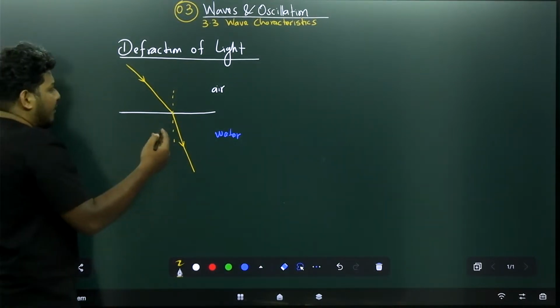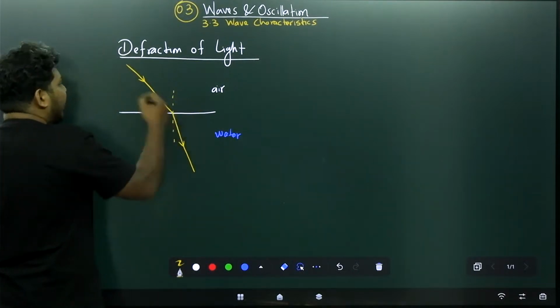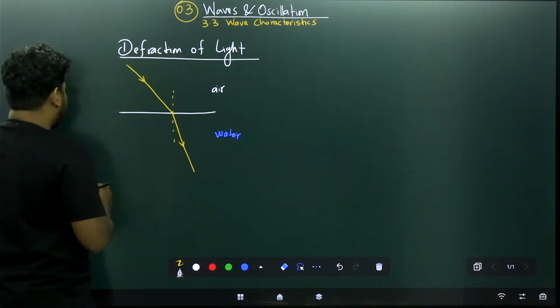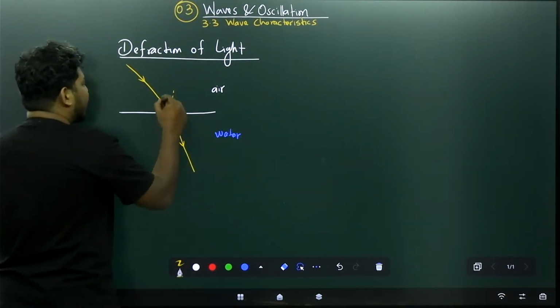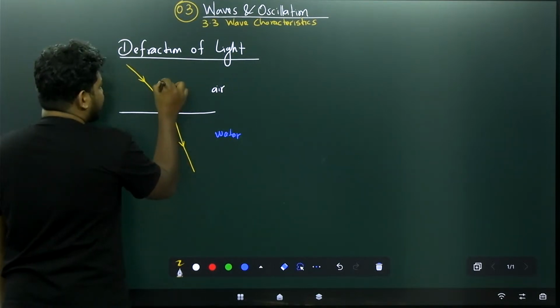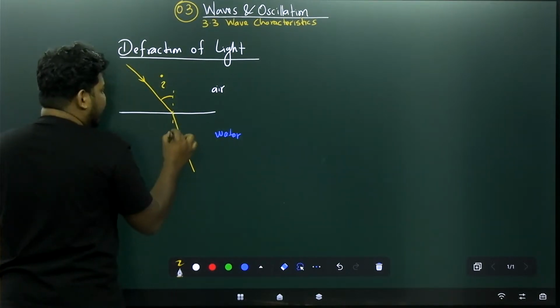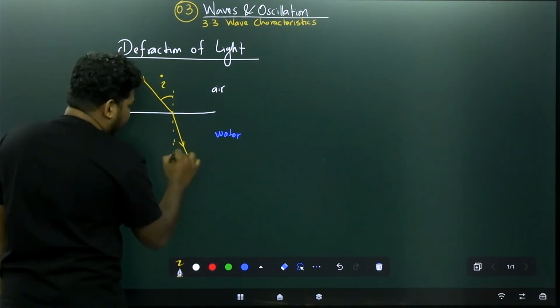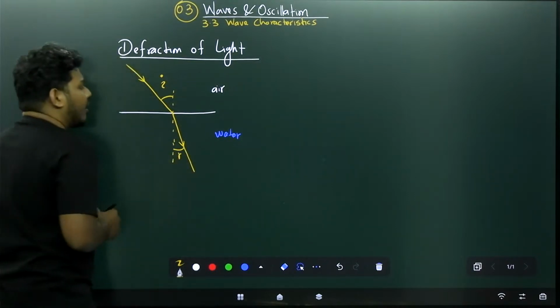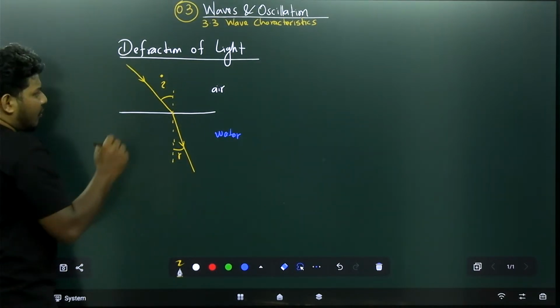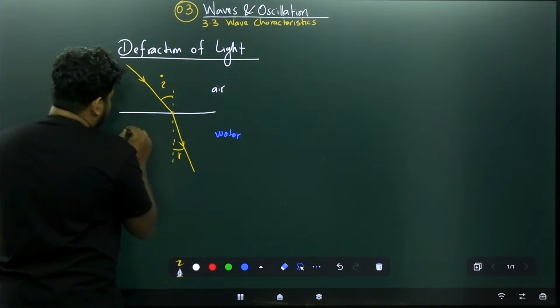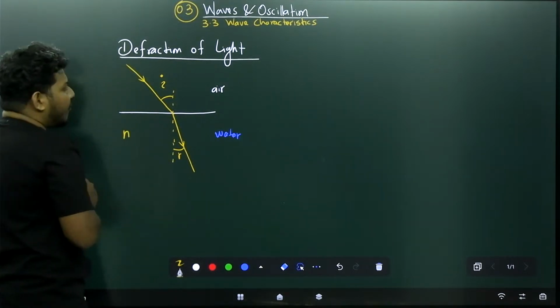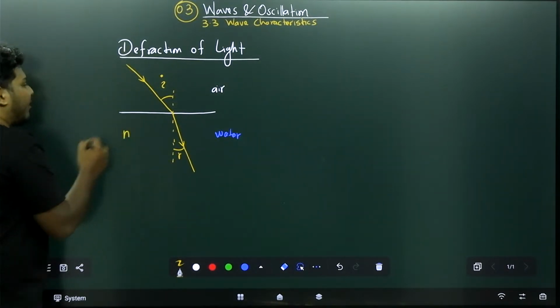We should know Snell's law, which we already studied in the O levels as well. That's very simple. Let's say this angle is I, and this one is R. We already studied the refractive index.